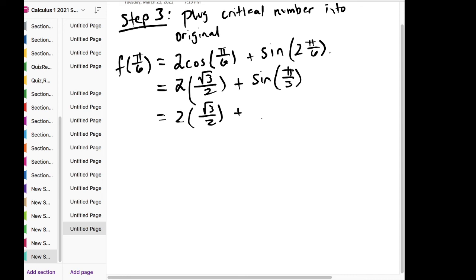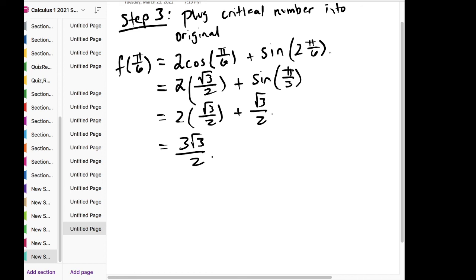It's the same thing, right? Yes, root 3 over 2. All right, so the answer is 3 root 3 over 2. Got any questions about that?